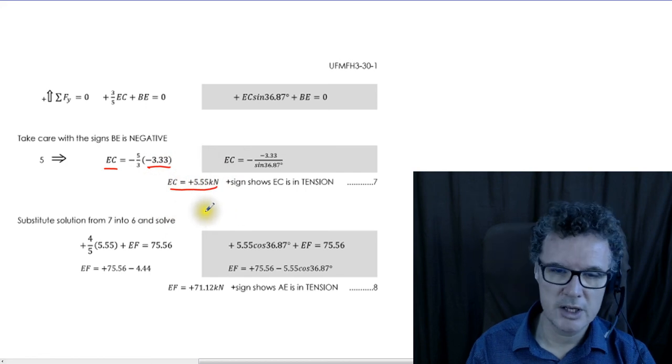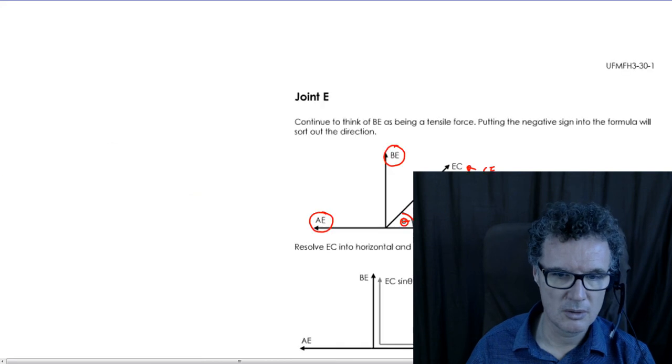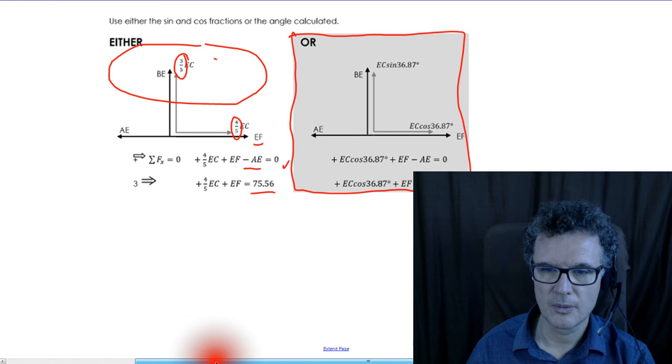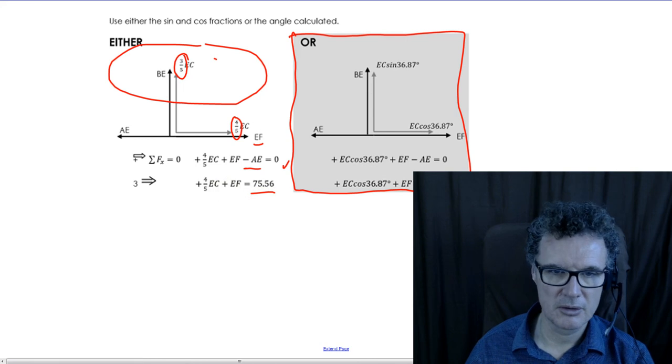Okay. Then you can go back to the previous equation. What was the previous equation? Which is that we've got these two unknowns here, EC plus EF.